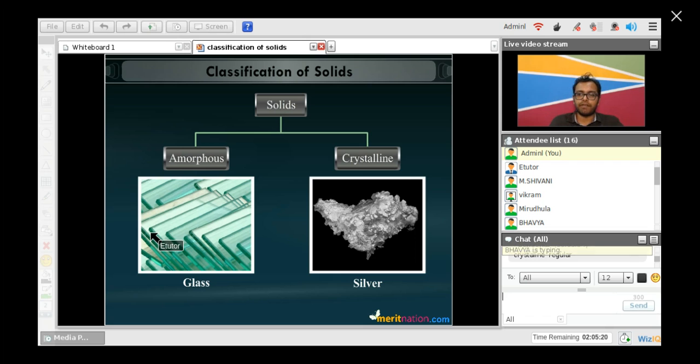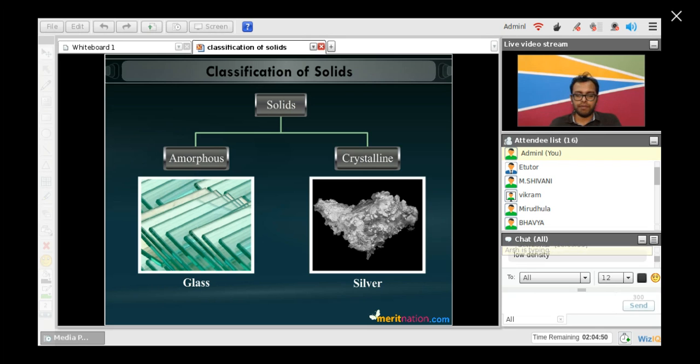Now, in the case of amorphous, if we talk about properties like density and electrical conductivity, these types of physical properties inside the amorphous state are seen in different directions, right?